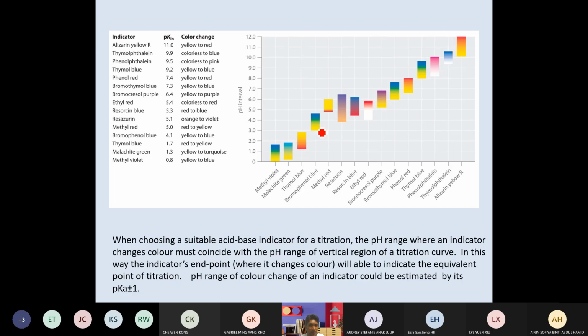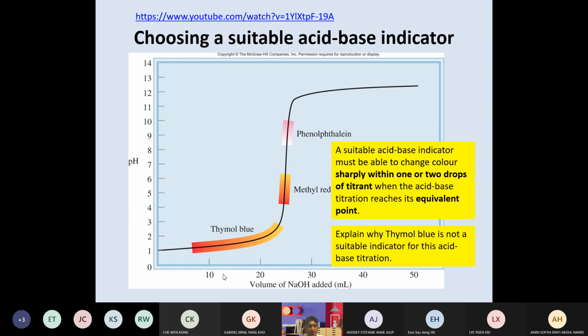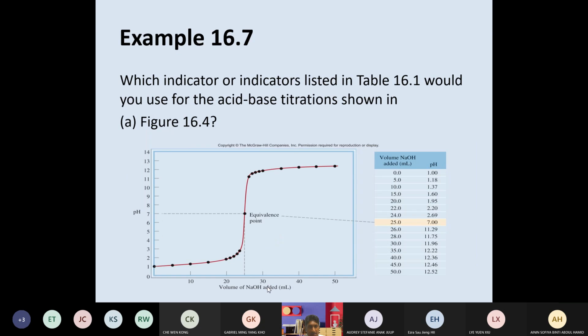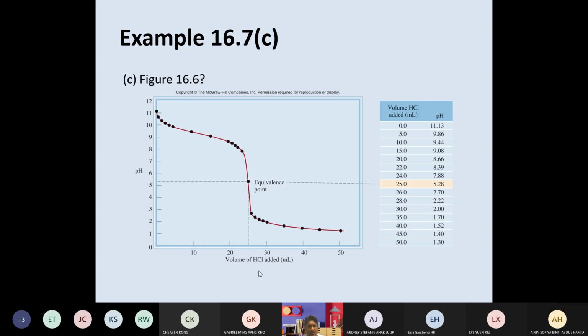And there is quite interesting data for the different types of indicators that will be used for acid-base titration, and which one gives the color in what pH range. The pH range will be ±1. I will discuss this again in the tutorial. So this is basically the thing.